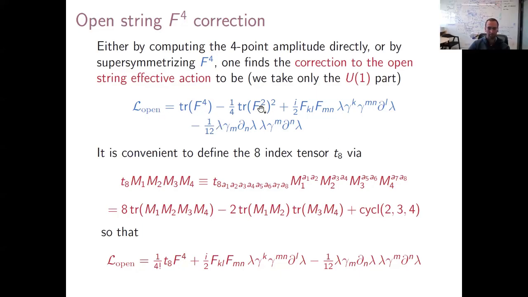So I wrote it only for the U1 part, but the full non-abelian one is known. But I don't need it here because I'm only interested in the 4-point function, and the abelian and non-abelian ones will only differ in terms of fifth order and so on. But it's true that it's known.